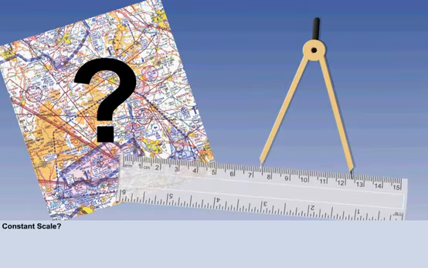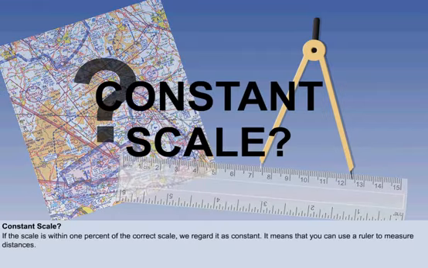As we said earlier, you are not required to calculate Lambert scale changes in the same way that we did with Mercator's chart. However, what do we mean by constant scale? It is a loose term, but generally, if the scale is within 1% of the correct scale, we regard it as constant. It means that you can use a ruler to measure distances.